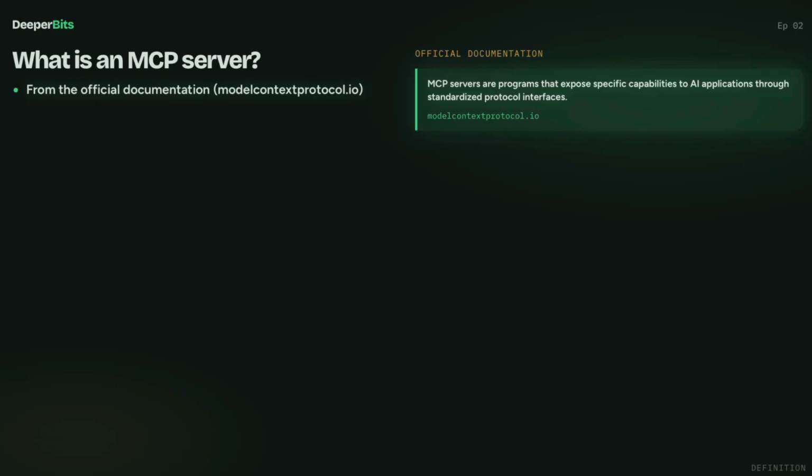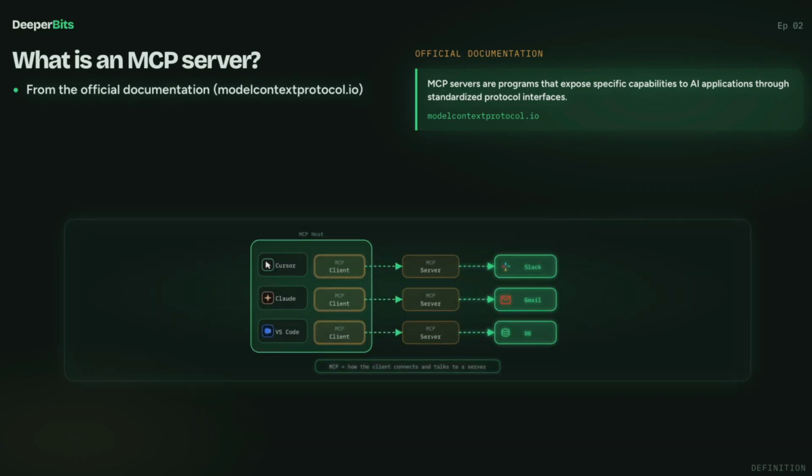From this definition, we can see that MCP servers are programs, right? And they expose some capabilities. So what capability is being exposed? In our case, one MCP server is exposing a capability of Slack. One MCP server is exposing a capability of Gmail. One MCP server is exposing a capability of DB.